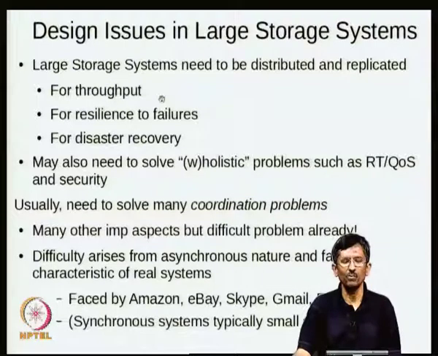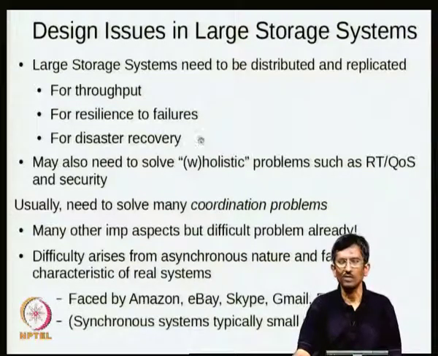Now, there are multiple reasons; I just gave you one reason, resilience to failures, but it can also be for throughput reasons. It could also be due to disaster recovery. Given the kinds of large scale disasters that could afflict storage systems or computing systems, this also is an important issue.